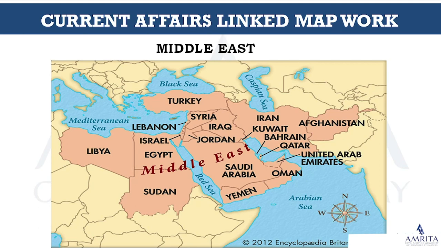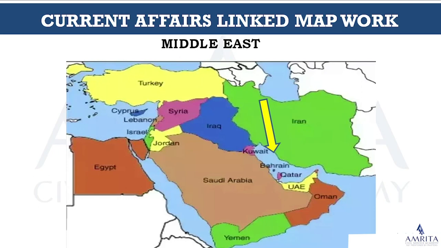Then Black Sea just above Turkey, Caspian Sea connecting Iran, then Persian Gulf and Red Sea. In the Middle East, the prime location is Persian Gulf. Persian Gulf countries: Iran, Iraq, Kuwait, Bahrain, Qatar, UAE, Oman. These are Persian Gulf countries.